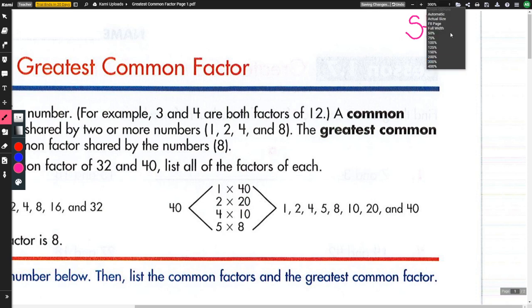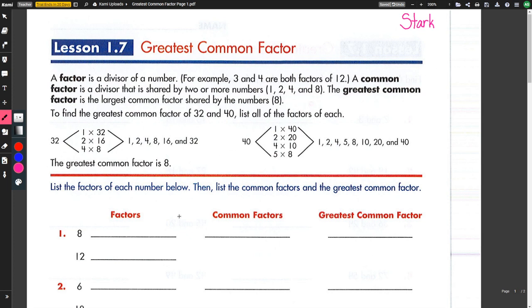Okay, now to zoom out a little bit so I can read what it says. A factor is a divisor of a number. For example, 3 and 4 are both factors of 12, meaning that 3 times 4 will get you 12. A common factor is a divisor that is shared by 2 or more numbers.